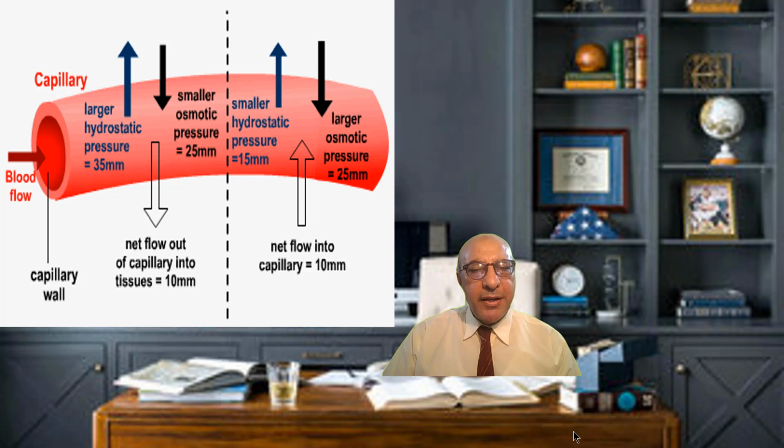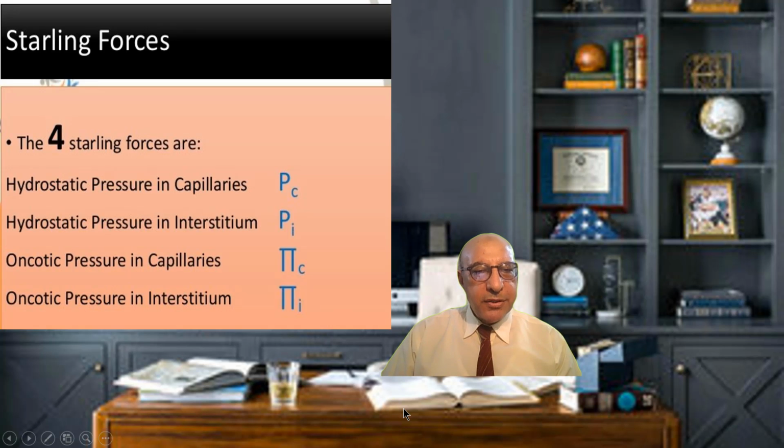So we have a net 10 millimeter mercury, which tends to reabsorb the fluid at the venular end of the capillary. So this is a sort of summary for what we have just said, that we have four forces: hydrostatic pressure in the capillaries, oncotic pressure in the capillaries, opposed to some extent by hydrostatic pressure in the interstitium, which most of the time is small to the point that it can be neglected, and the oncotic pressure in the interstitium, which is the same.